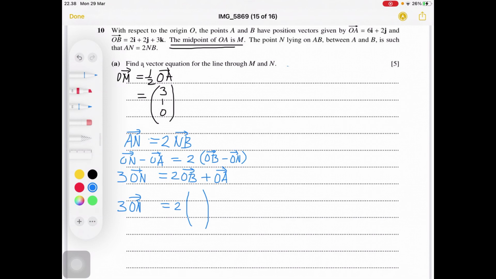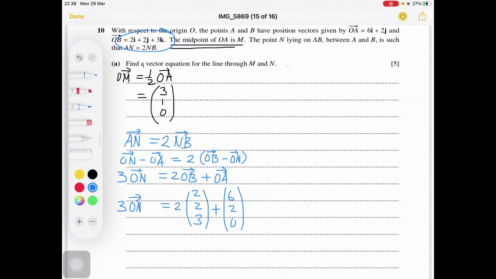OB is (2, 2, 3) plus OA, which is (6, 2, 0).